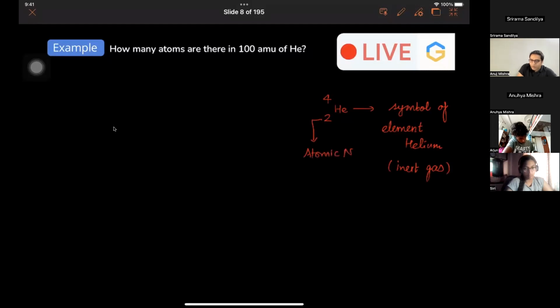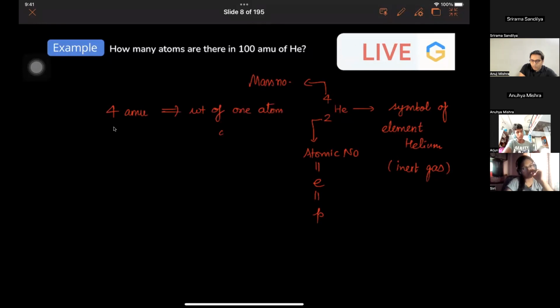Atomic number. This is extra information just for repetition, because a few students have joined late. And this 4 is called the mass number. In today's class, what we have learned: if I mention AMU, that will be the weight of 1 atom of 2He4.